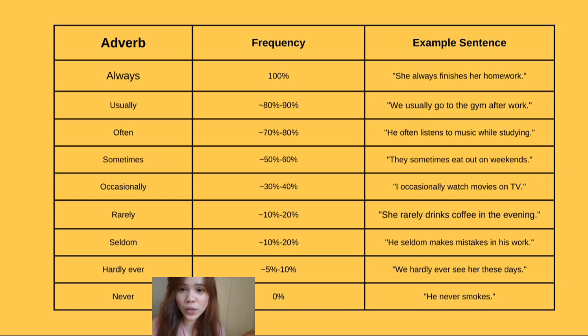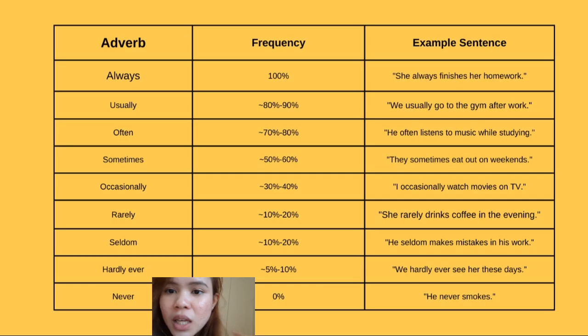Next, let's look at the table that shows the most common adverbs of frequency, their percentages, and an example sentence. First is always, 100%. She always finishes her homework.